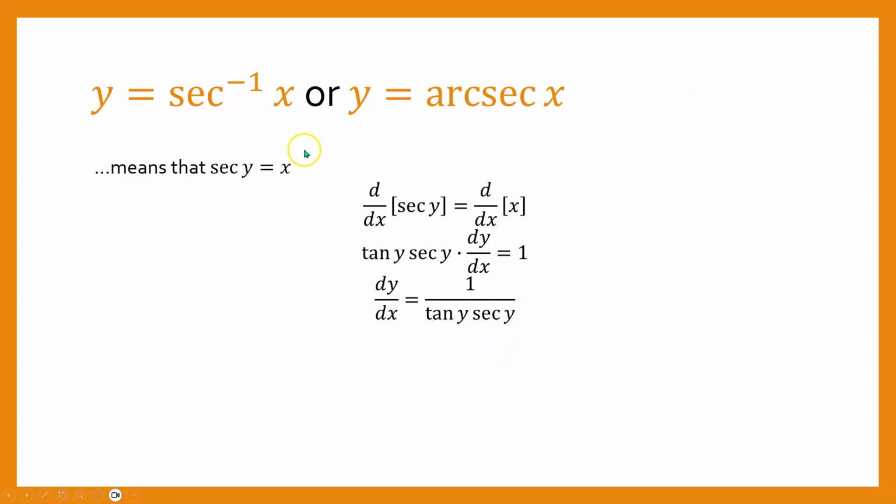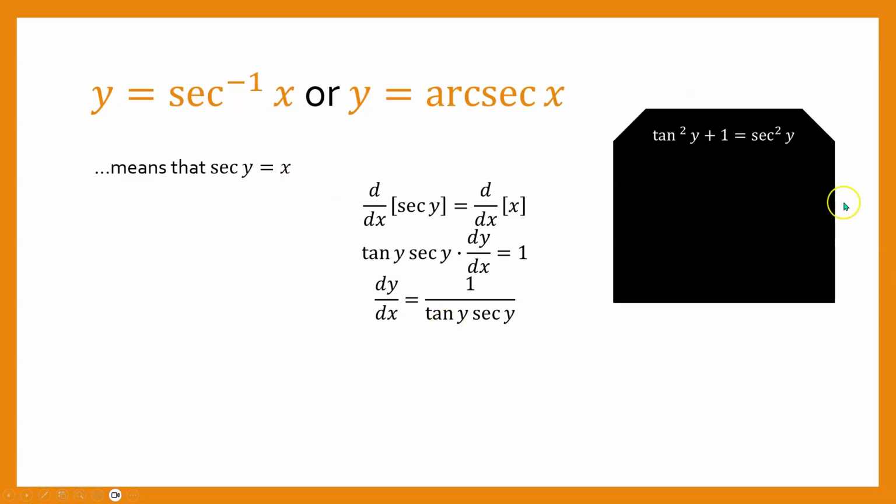Now we know what secant y is, it's x. But what about tangent y? What would that be in terms of x? Well, again, start with that Pythagorean identity that relates tangent and secant. Tangent squared y would equal secant squared y minus 1.